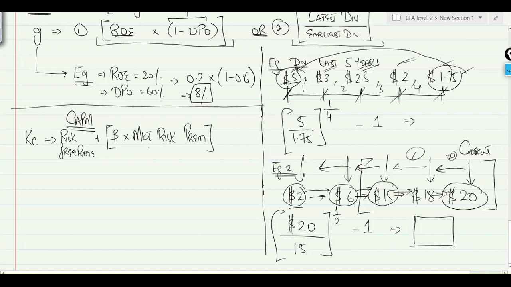So risk-free rate plus beta into market risk premium. That's one way to compute the cost of equity.